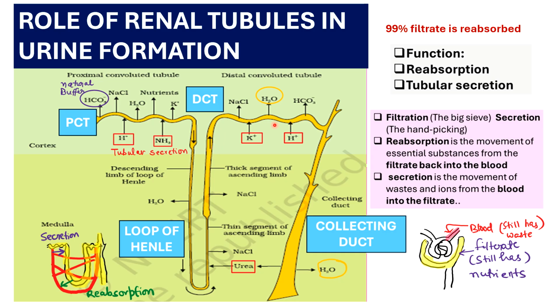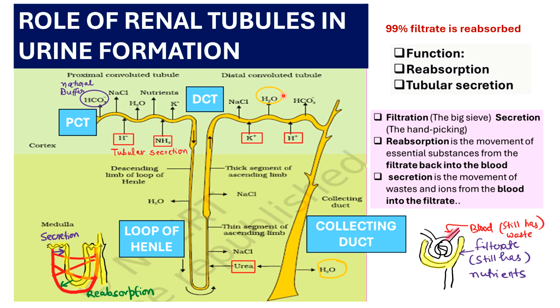Now let's look at the DCT, that is the third part. Here the reabsorption of the salts such as NaCl and HCO3- takes place just like that of PCT. Alongside, water absorption can also take place, but it is conditional.